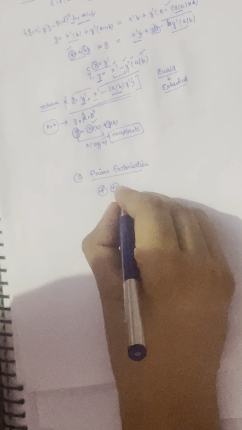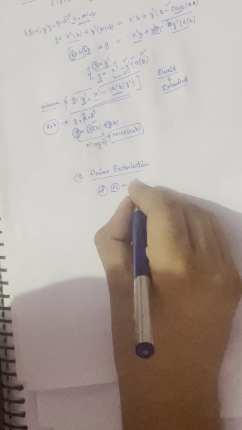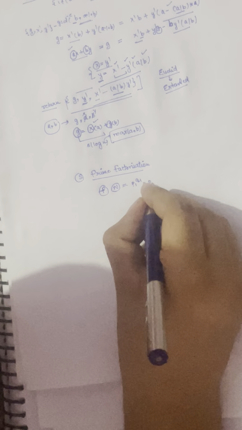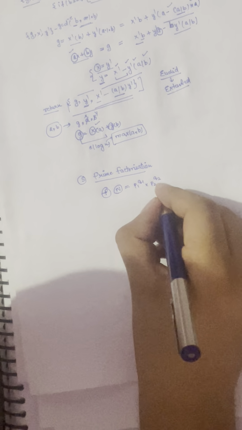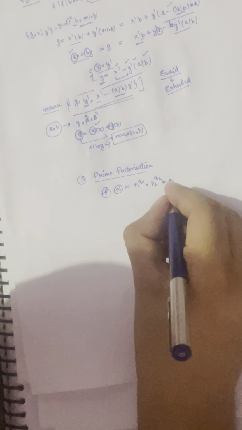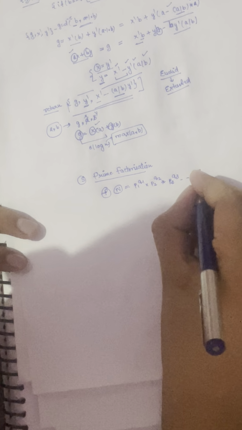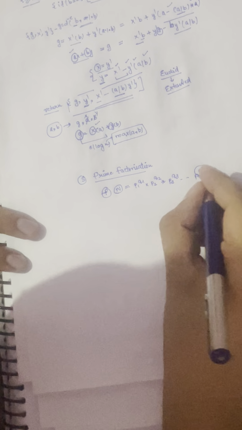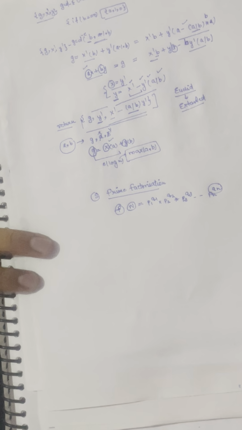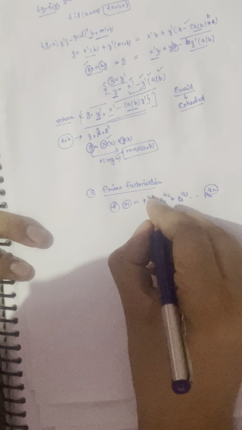We want to express it as prime p1 raised to power q1, prime p2 raised to power q2, prime p3 raised to power q3, and so on up to prime pn raised to power qn. These powers could be either 0, 1, or any power greater than or equal to 0.